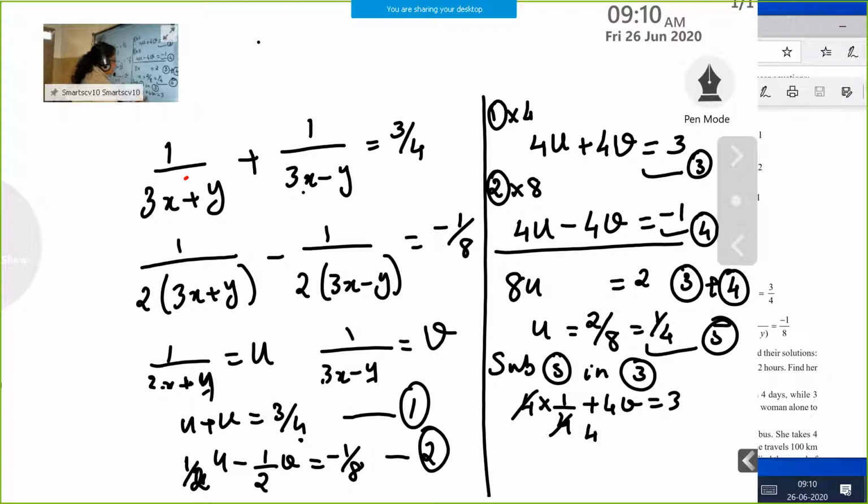That is 4v is equal to 3 minus 1, that is 2. v is equal to 2 by 4, that is equal to 1 by 2.